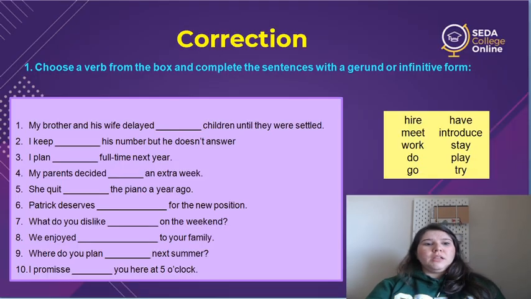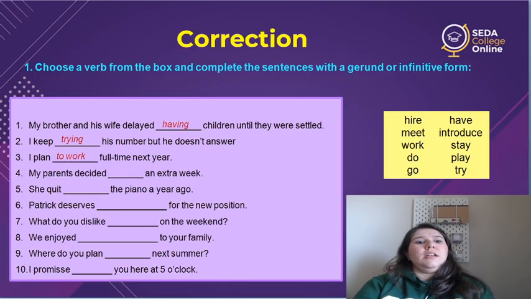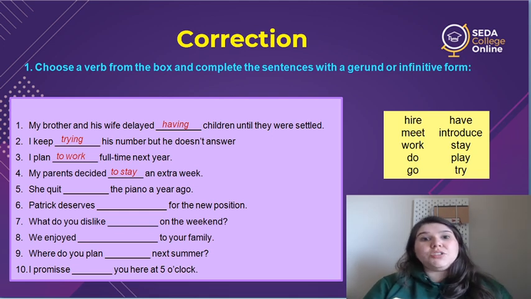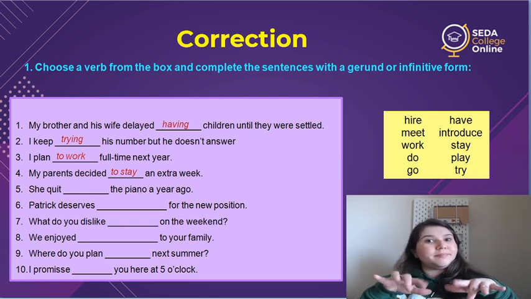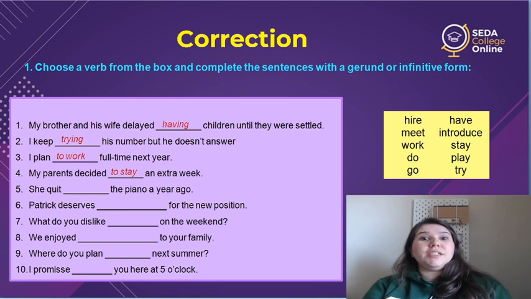So she quit the piano. So what action do we do with the piano? We play. So after quit, we use ing. She quit playing the piano a year ago.